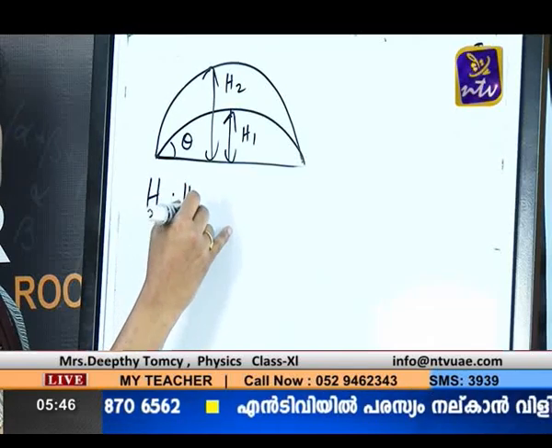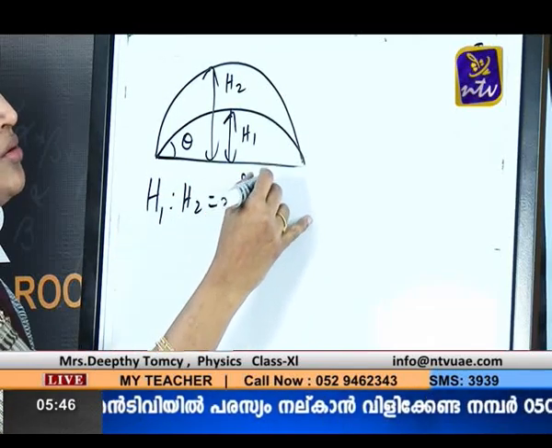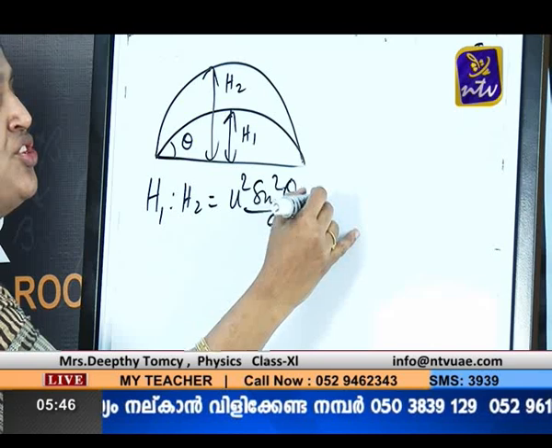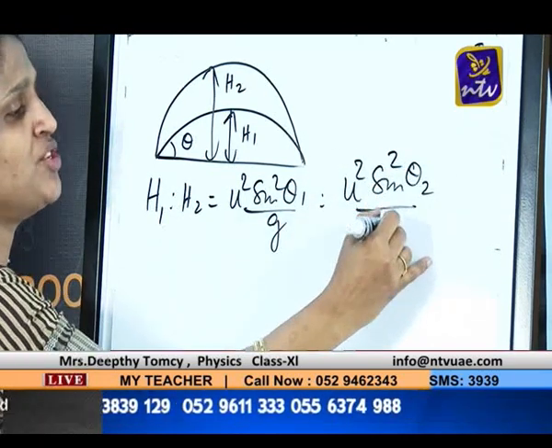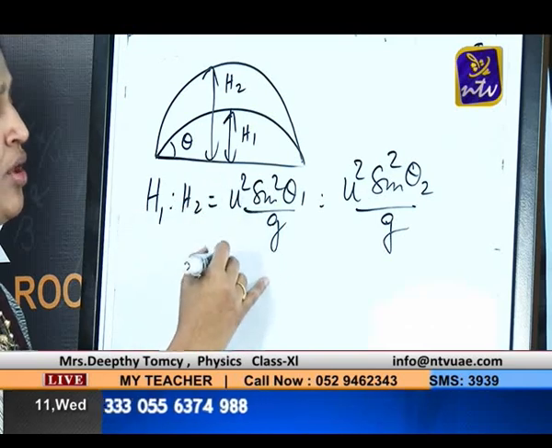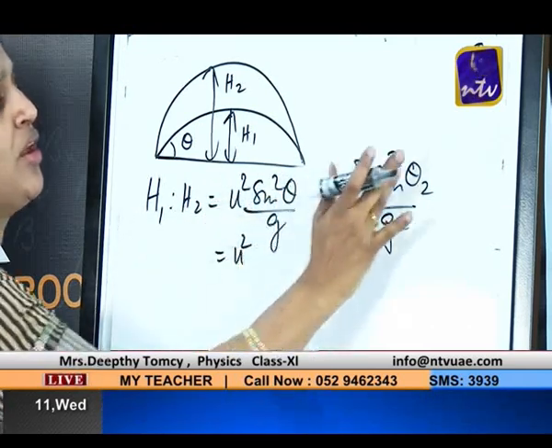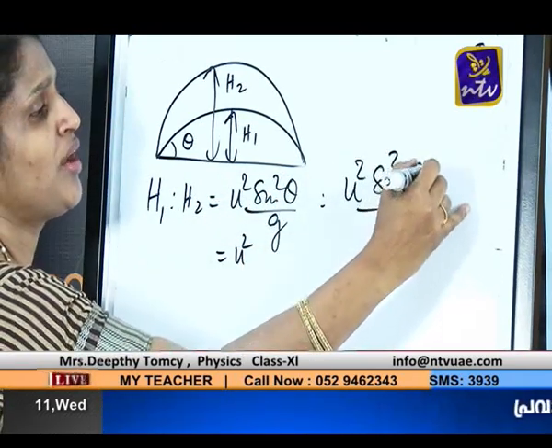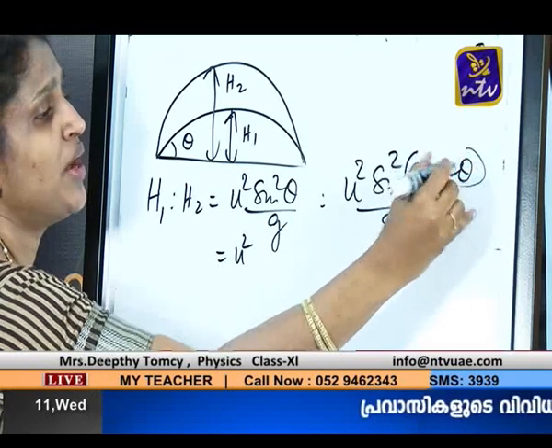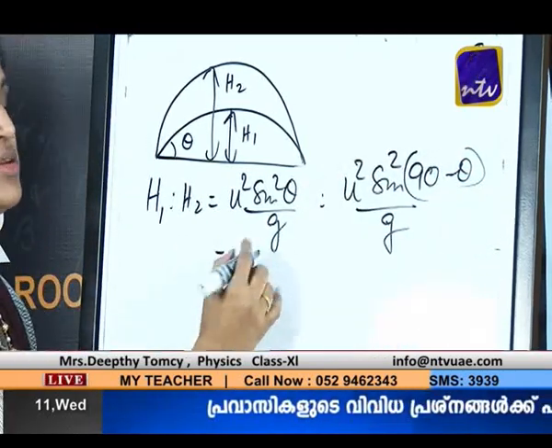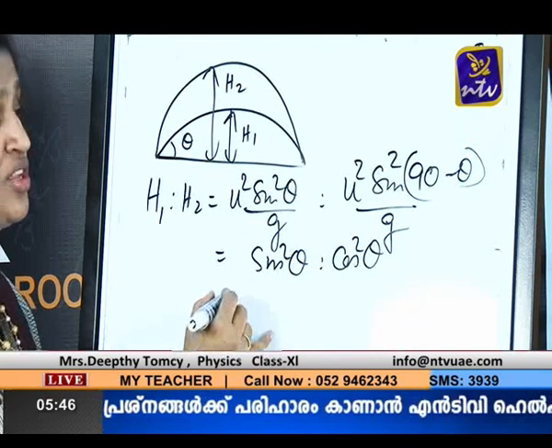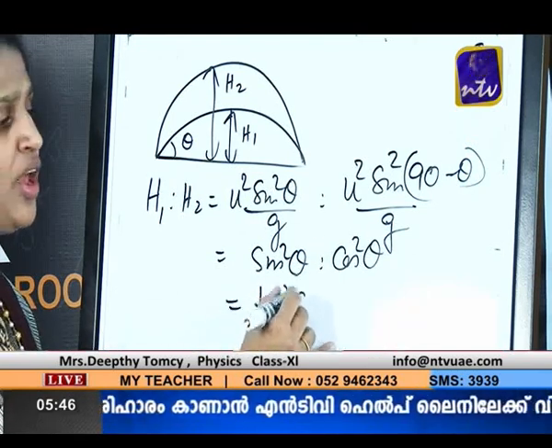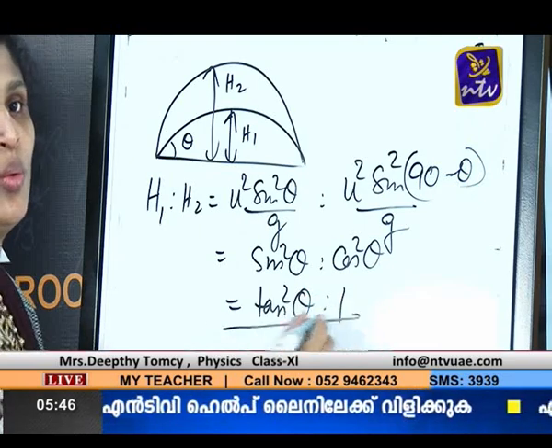H1 is to H2 is equal to u square sin square theta 1 divided by g is to u square sin square theta 2 divided by g, that is u square sin square theta, sin square (90 minus theta) divided by g. Here we have sin square theta is to cos square theta. What is sin square is to cos square theta? Tan square theta is to 1.